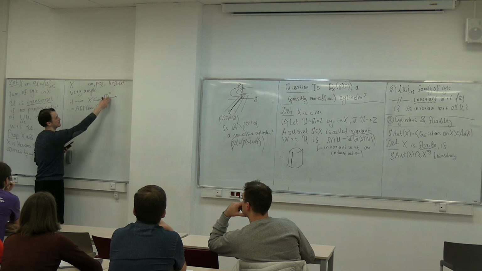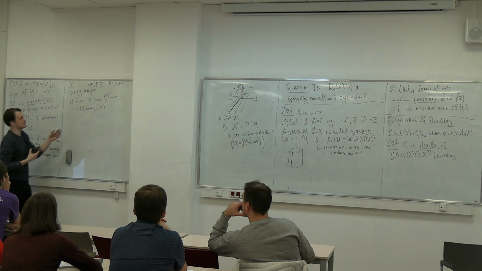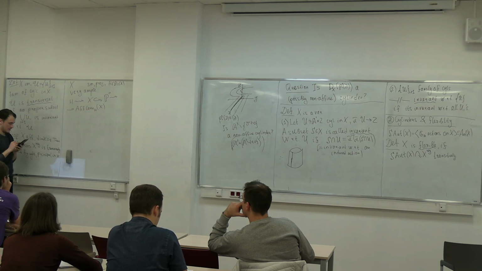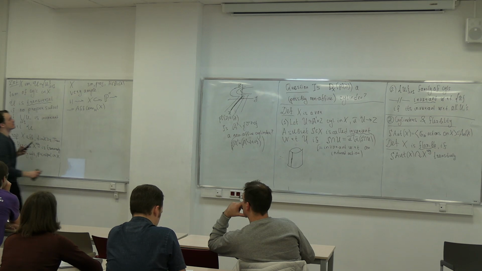Just take the affine space from which you obtain P^n and take the same equations that define X here. You will obtain the affine cone.